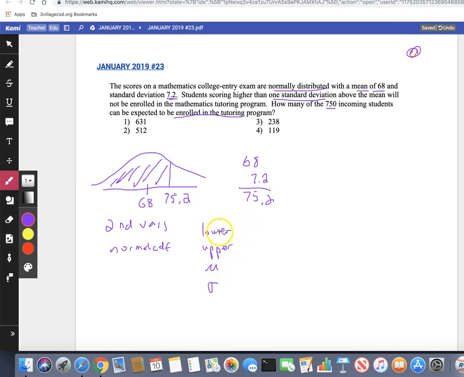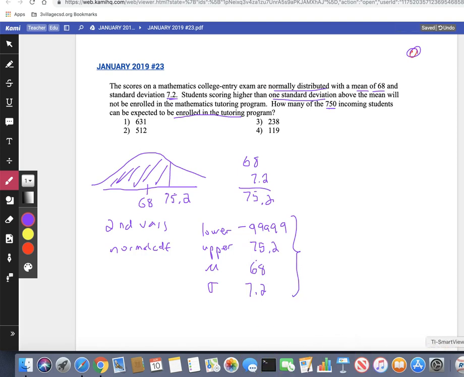Since we want this percent of data, which goes all the way out to the left, the lower value is negative 9999. The upper value goes right up to this spot, 75.2. The mu is equivalent to the mean, which is 68, and the sigma is our standard deviation of 7.2.